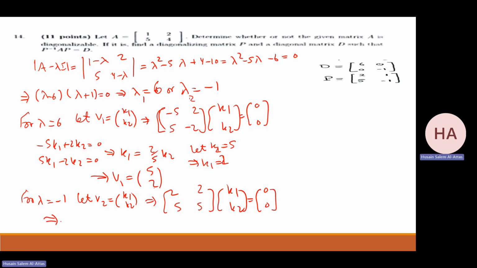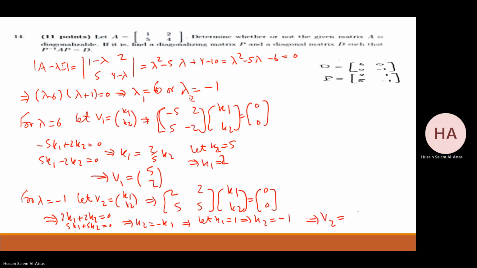Very clear, I have 2K1 plus 2K2 equals 0, and the 5 is the same one. So I have K2 equals minus K1. So I let K1 be 1, and I'm getting K2 is minus 1. So my V2 is 1 and minus 1.